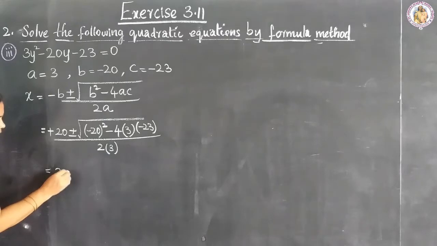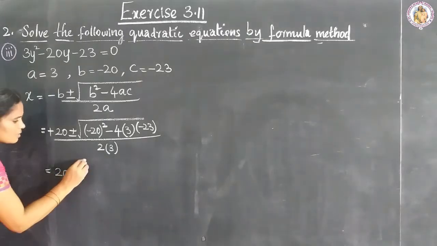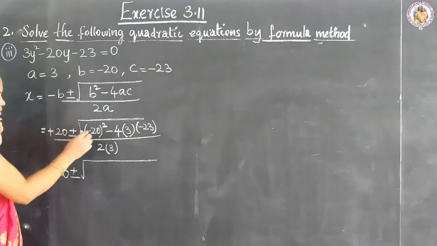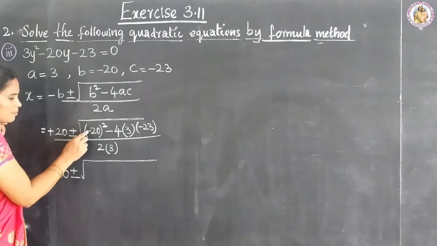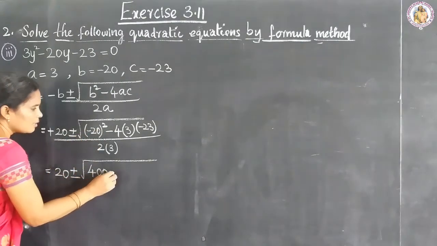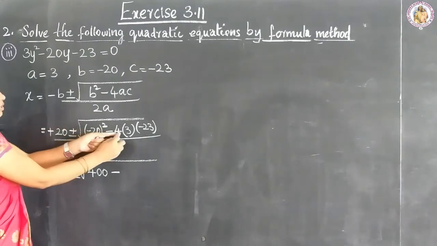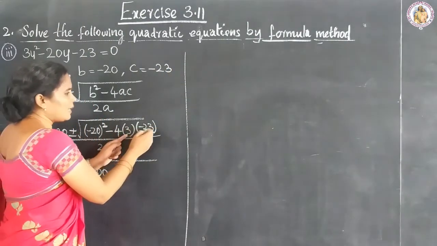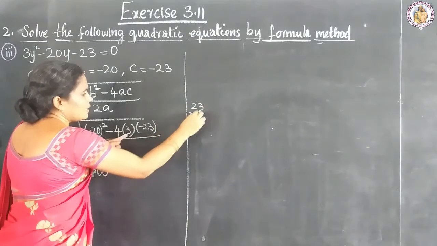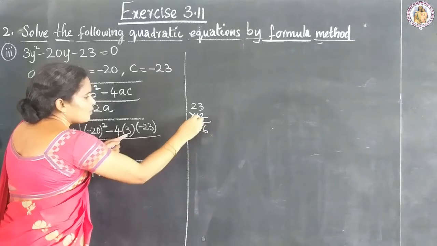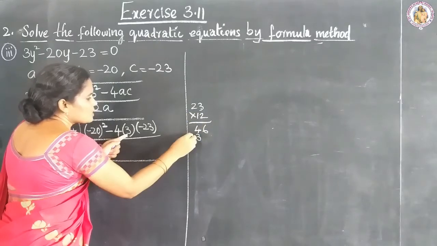Now 20 plus or minus square root of 20 into 20, that is 2 into 2, 4. So 0 into 0, double 0. 20 into 20, 400. Minus into minus plus. So 400 minus 4 3s are 12. 12 into 23. So 23 into 12. 2 3s are 6, 2 2s are 4, 1 3s are 3, 1 2s are 2.